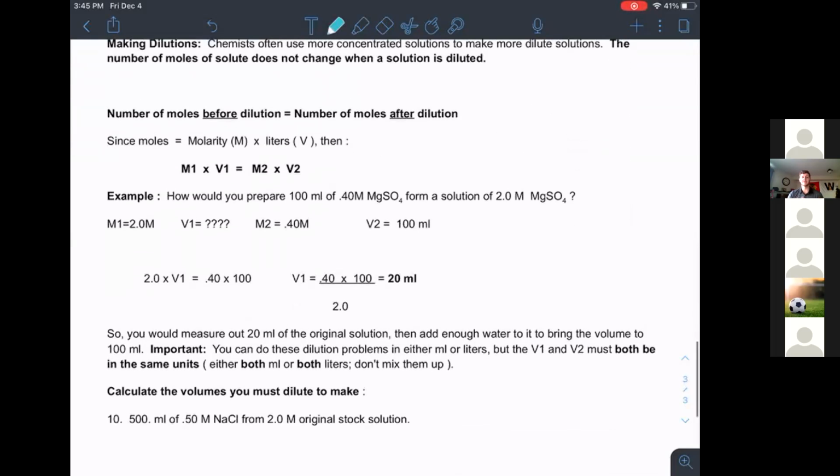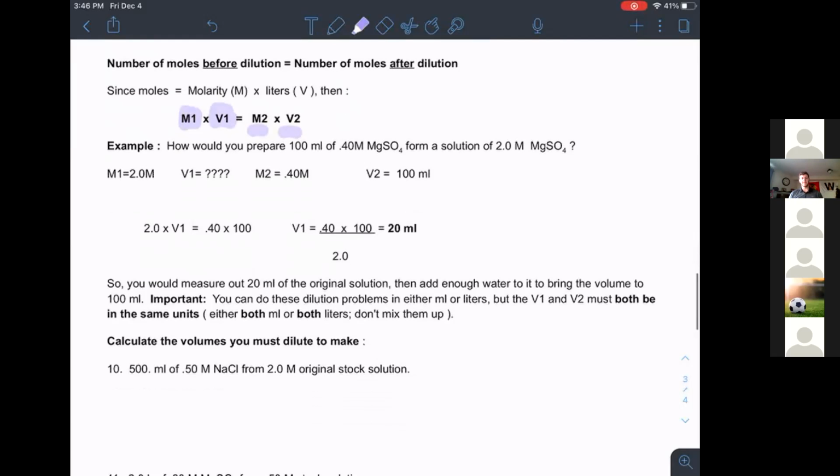When we're doing these dilutions, it's actually a very simple calculation. You take the molarity and the volume, and you multiply them together on one side, and you take the molarity and the volume and multiply them together on the other side until you have them equal one another. So if you're missing one of these variables, let's look at this example.